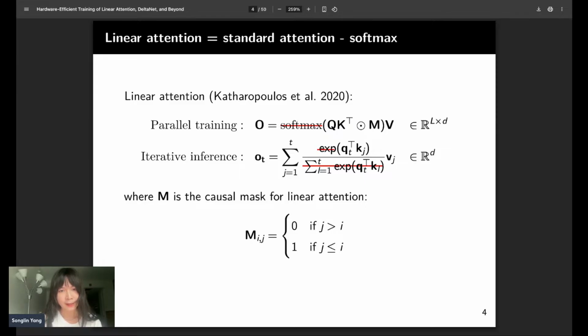The key idea behind linear attention is really simple. We have softmax attention, and what linear attention does is remove the softmax operator, so that we can have this iterative form.